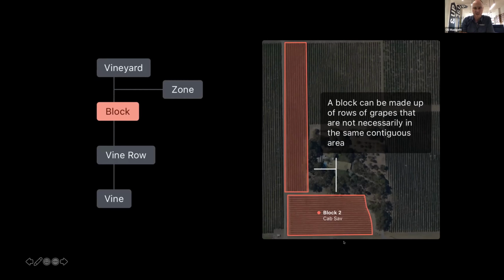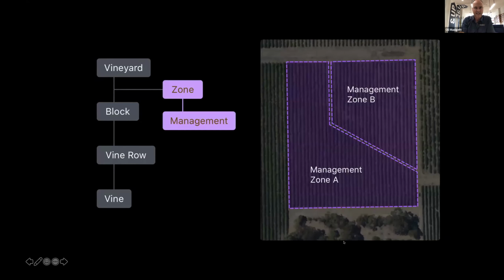One of the things that came out was highlighting that blocks, from a spatial perspective, might often contain multiple parcels of grapes, so they might not be continuous areas that make up a block. We also broke into a more conceptual idea about zones, and the fact that there are loads of reasons why, on top of blocks, people within the industry create zones.